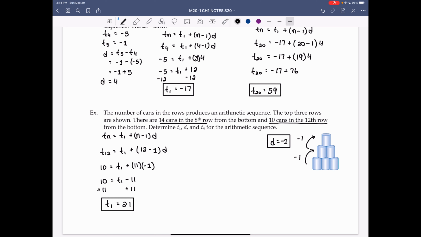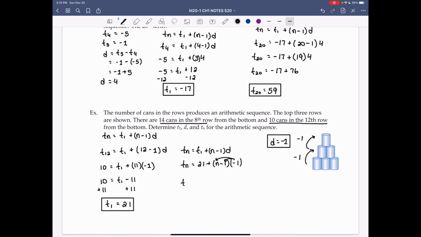And then the third thing we need to solve for is the general term Tn. Tn equals T1 plus n minus 1 times D. We now know T1, so Tn equals 21 plus n minus 1, and we know D is negative 1. Then we need to simplify it, multiply the negative 1 into the brackets.